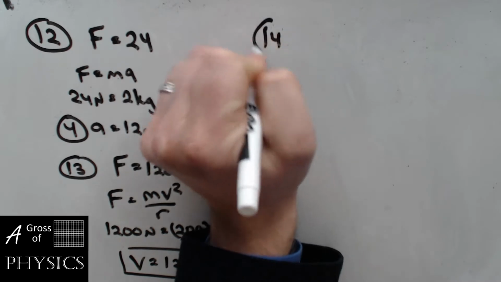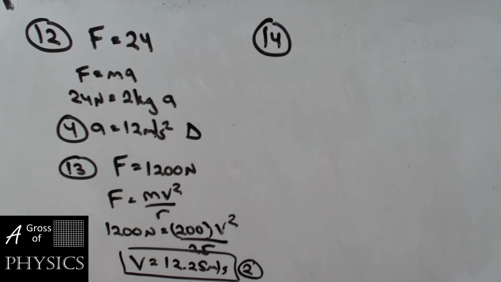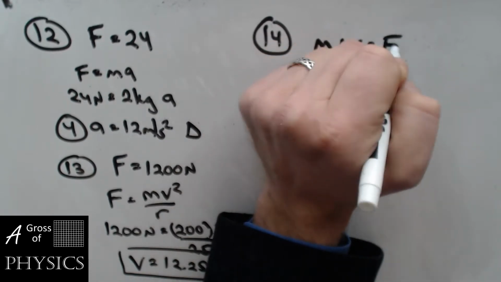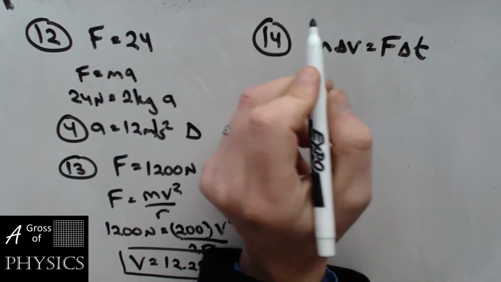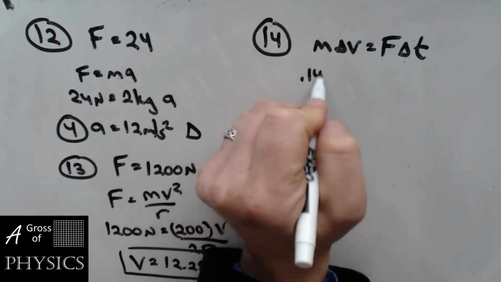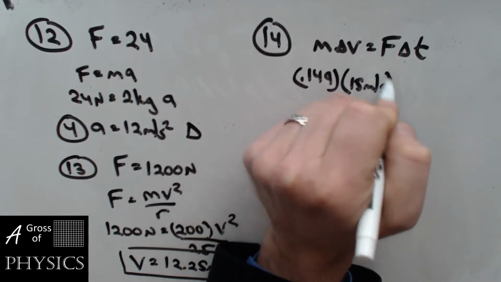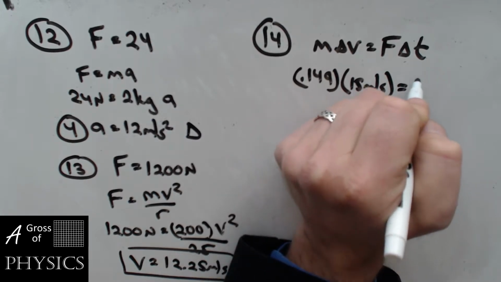All right, 14. We have a momentum. We have a force of the catcher's glove on a ball. Okay, so I'm going to think it's going to be a MAV fat problem. We have 0.149 kilograms. It's going at 15 and then brought to rest, so that's 15.